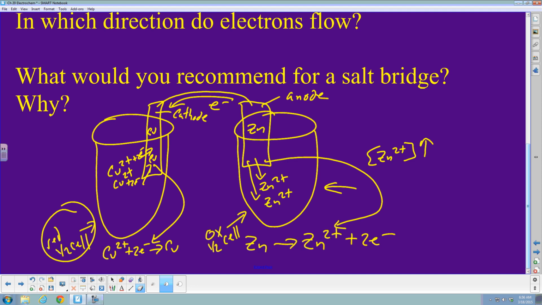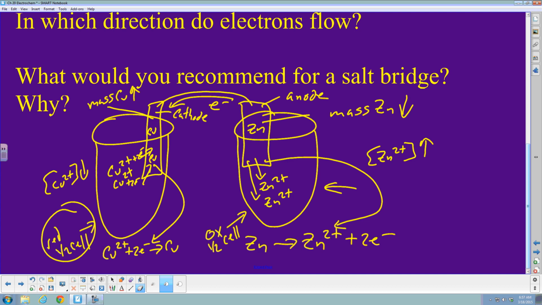So that means my concentration of copper 2 is decreasing. However, the mass of copper is doing what? Increasing. And the mass of zinc is doing what? It's decreasing, right? Because my zinc is going into solution.